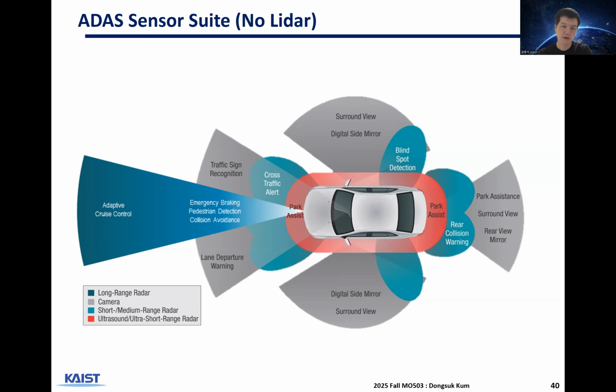Radar is a very good sensor for light and weather conditions, for long distance detection and detecting velocity. So radar does have good features compared to other sensors, and it's not as expensive as LiDAR. So many of the mass-produced vehicles are equipped with camera and radar.